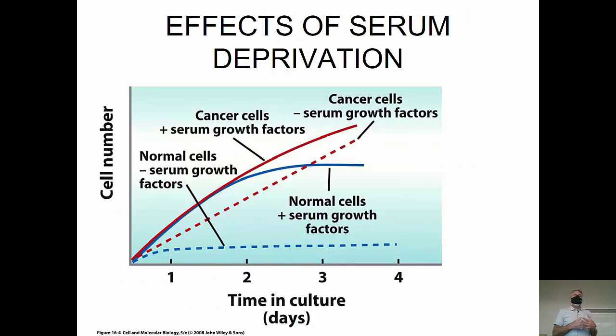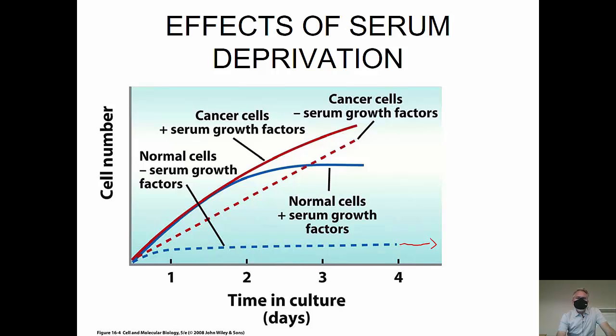This slide, we have time culture in days on the x-axis and the number of cells on the y-axis. And we're looking at transformed versus non-transformed cells in the presence or the absence of serum. We can note that normal cells without serum experience very little growth.